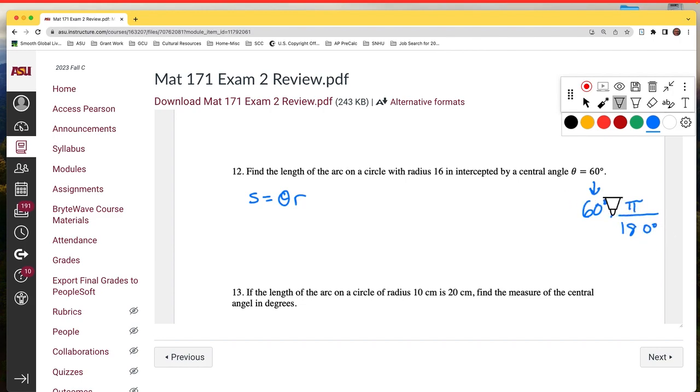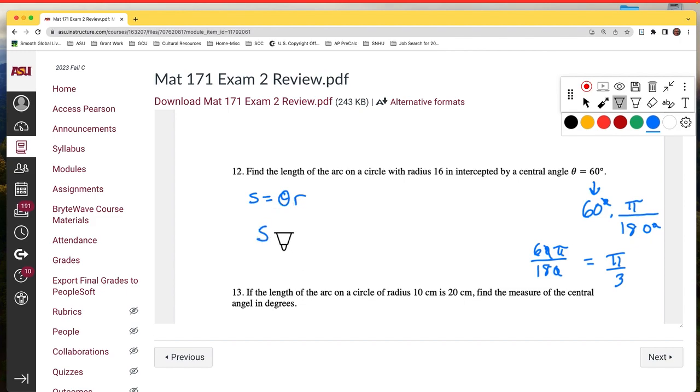And so notice the degrees will cancel out. So we get 60 pi over 180. That reduces, 6 goes into 18 3 times. This is pi over 3. Or if you remember that 60 degrees and pi over 3 are equal, you just go there.